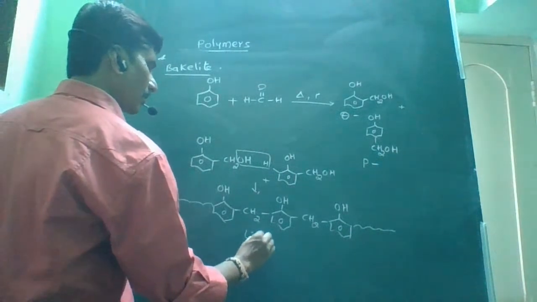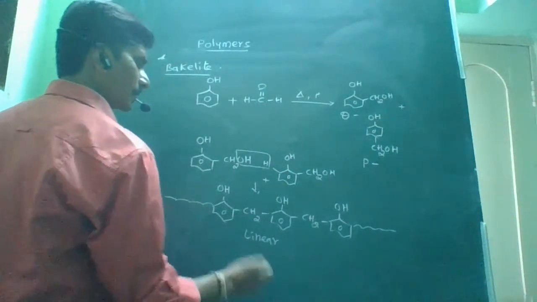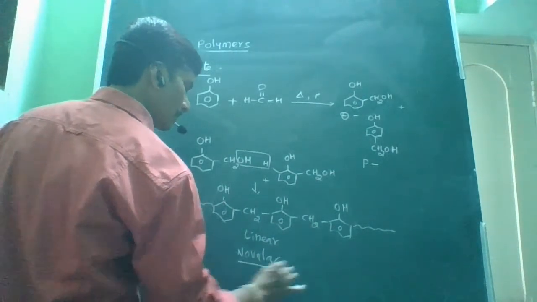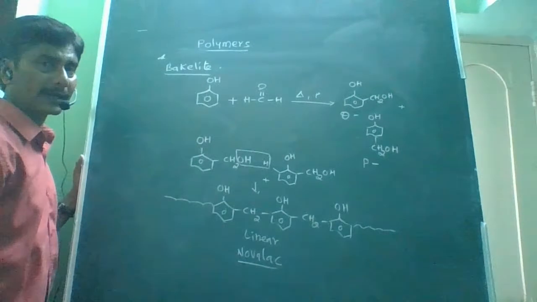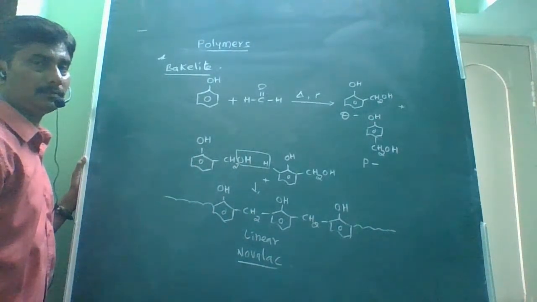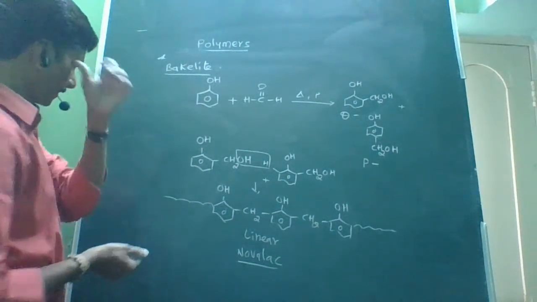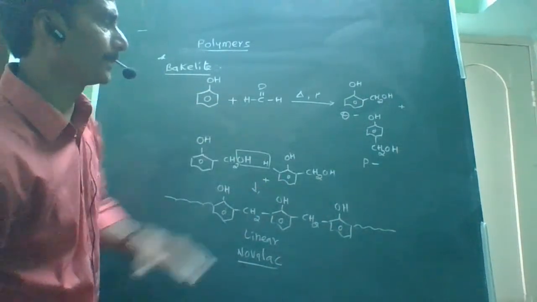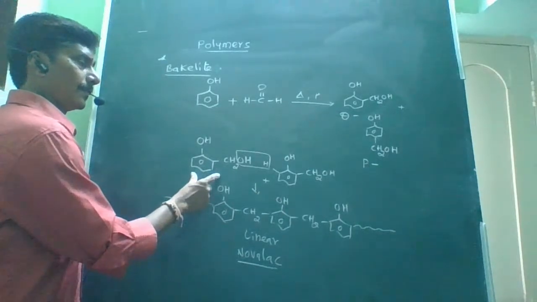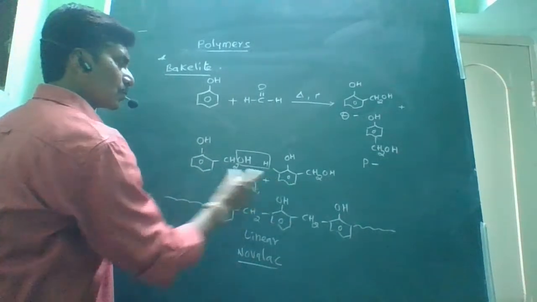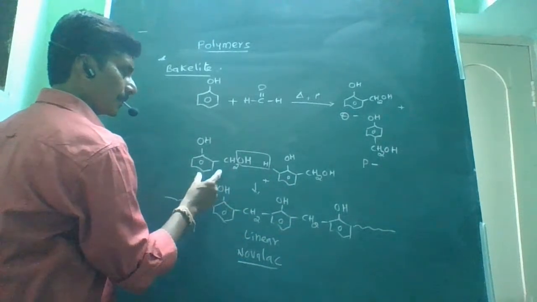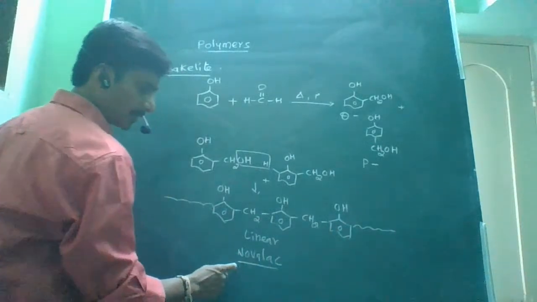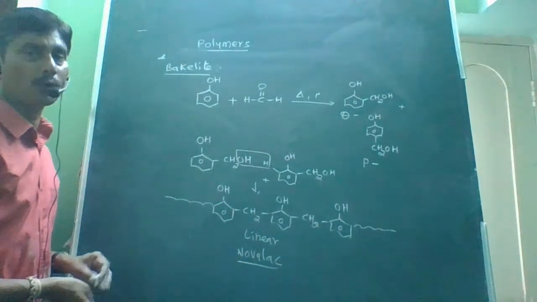It is a linear polymer known as novolac. Hydroxymethylation of phenol can give ortho as well as para. If these two ortho-hydroxymethyl phenol compounds join together to form a linear polymer, it is called novolac.